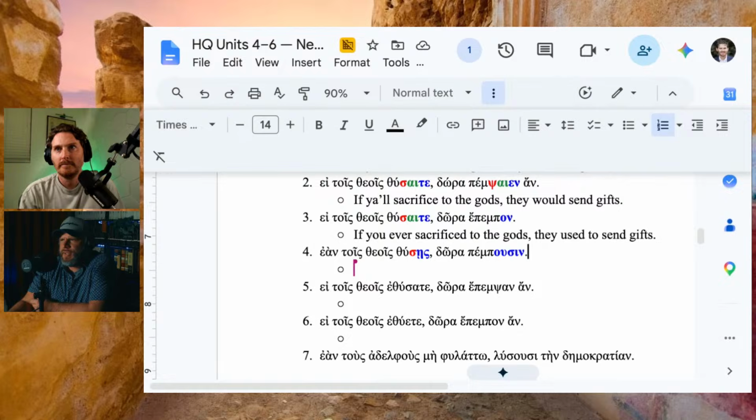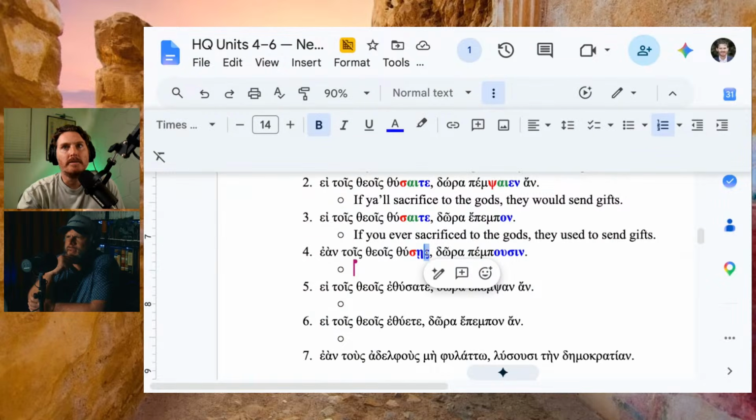First, let's start with the protasis, which is douces, which is aeon. It's singular. Second person, because it's sigma.